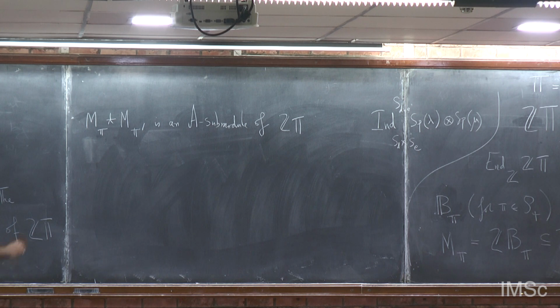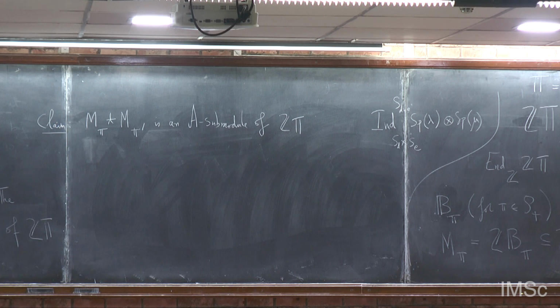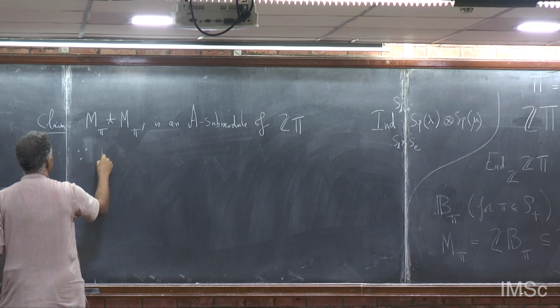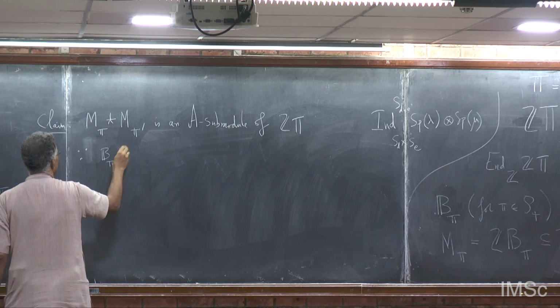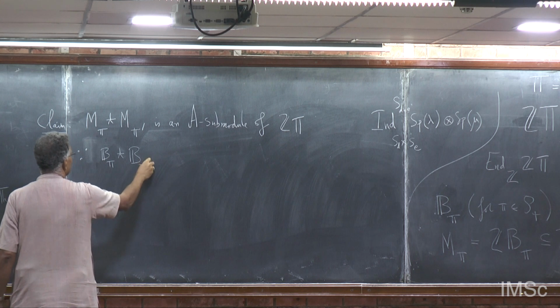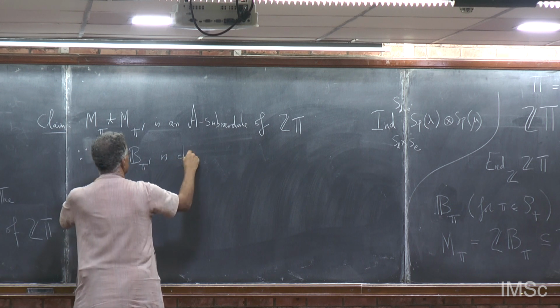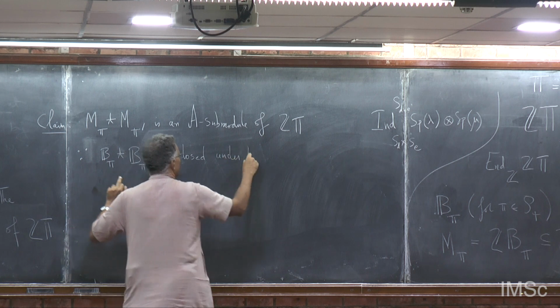So, observe, let me say claim. It is just a statement of E alpha acting on pi, because B pi is closed under the root operators.